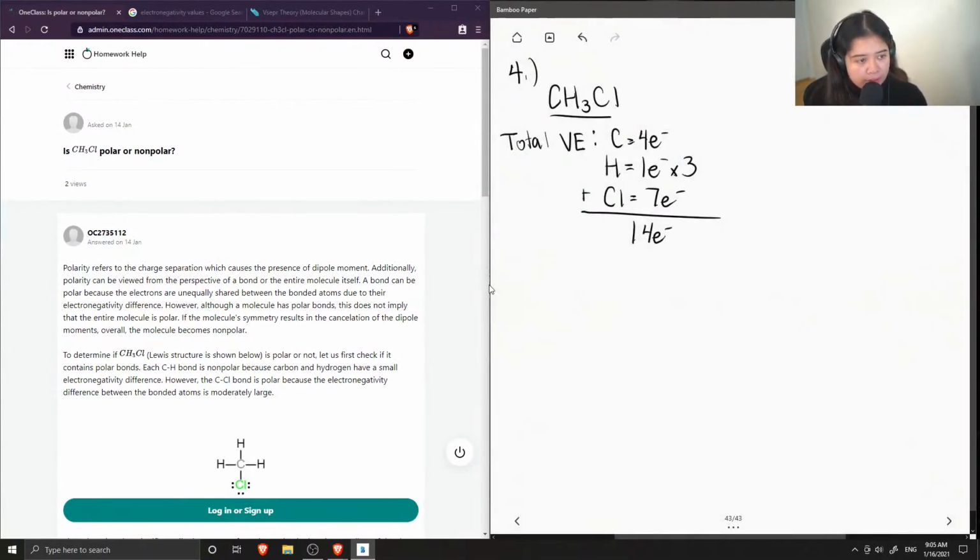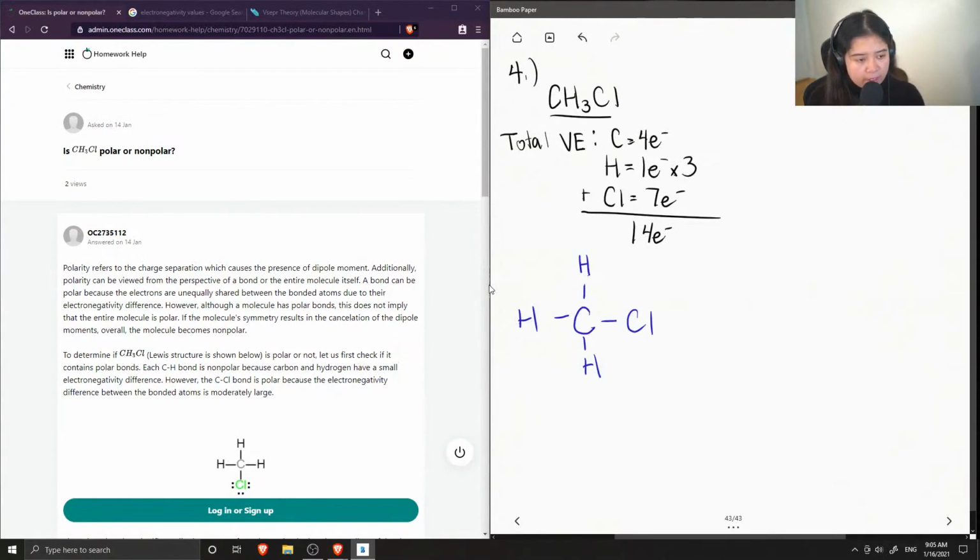And let's draw carbon as our central atom, and then I'll just draw single bonds all around. Let's see how many electrons I've drawn so far. Each bond contains 2 bonding electrons, and we have 4 bonds, so that's 8.